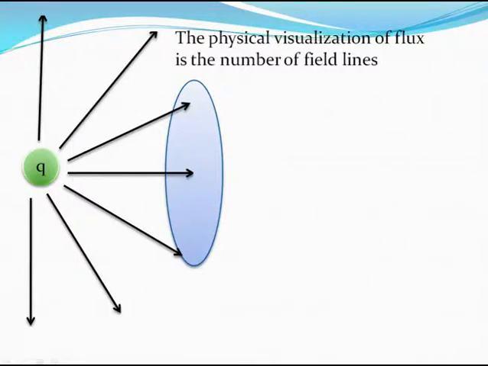So as you can see, the electric flux is more, for the same area near the point charge. For example, the electric flux is more through this area than this area, because a greater number of field lines pass through this area. So the physical visualization of electric flux is basically the number of electric field lines passing through a given area.